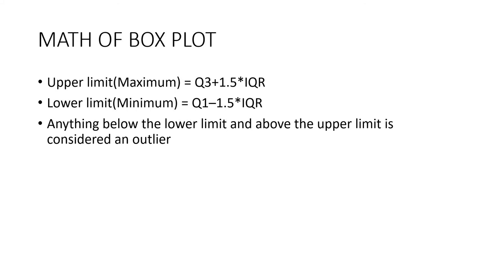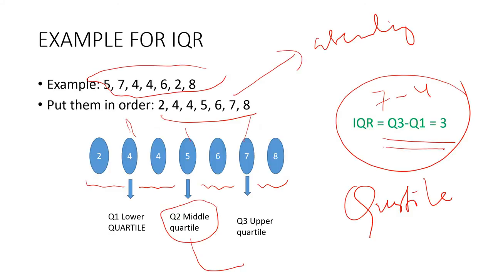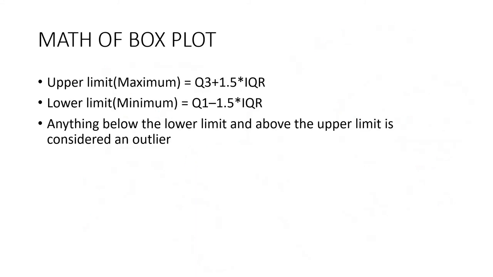Now, the math of the box plot. So now you understood what IQR, Q1 and Q3 are. Here 4 is Q1, 7 is Q3, and IQR is 3. Now, to draw the box plot, we need a maximum and a minimum. The maximum we call the upper limit, and the minimum we call the lower limit.